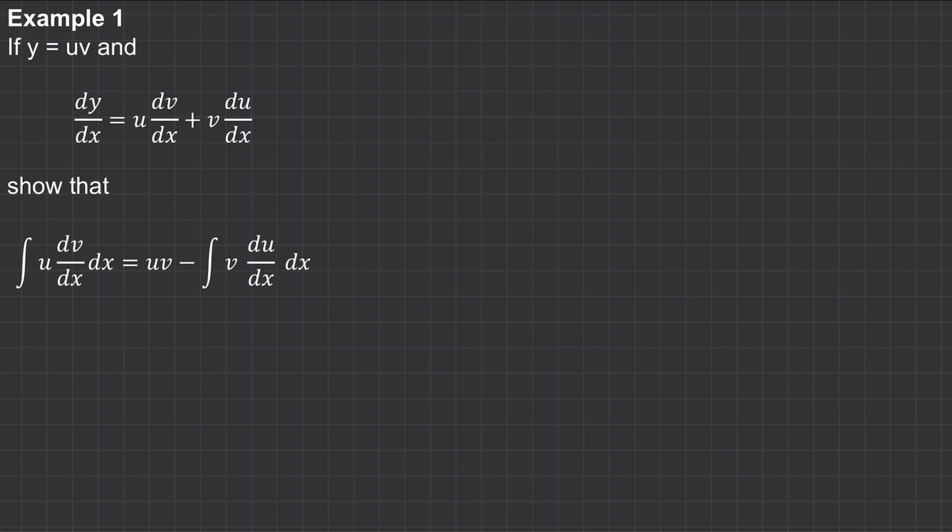So you can see on the left-hand side, we have the integral of u dv by dx, integrated with respect to x. So the first thing we'll do is we'll make u dv over dx the subject of the product rule. So we'll say u dv by dx is equal to dy by dx minus v du by dx.